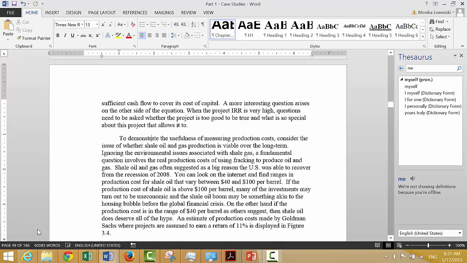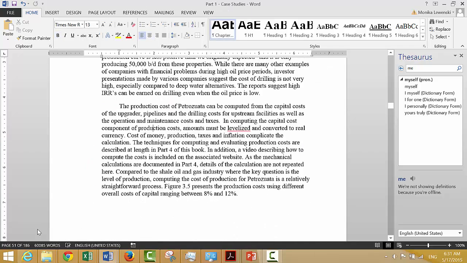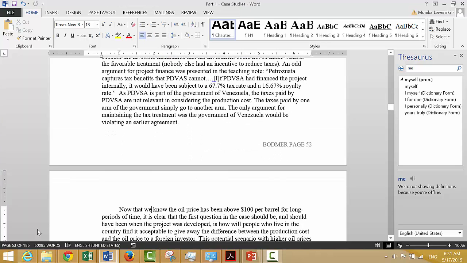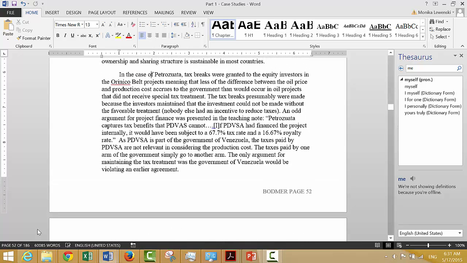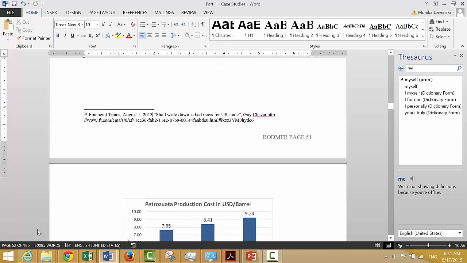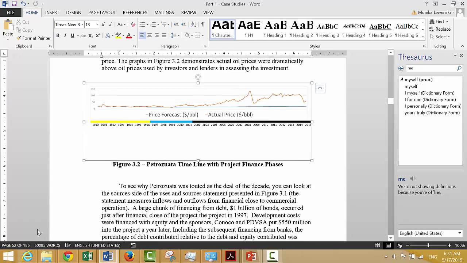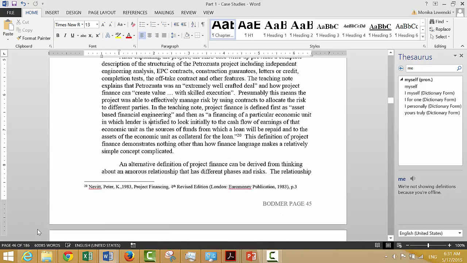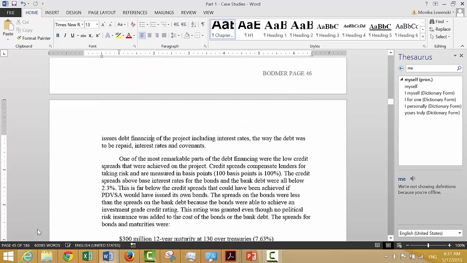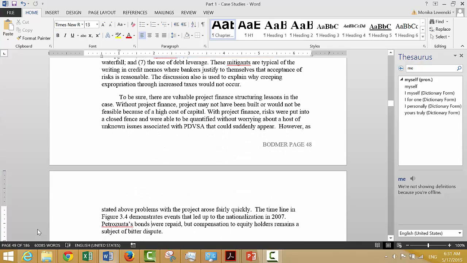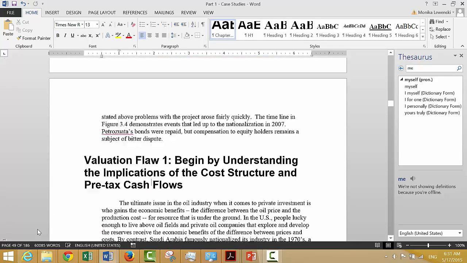Just a minute. That was the production cost. Would have been 67%. Put it somewhere up here. The tax benefits still going. Excuse me for going so slowly like this.